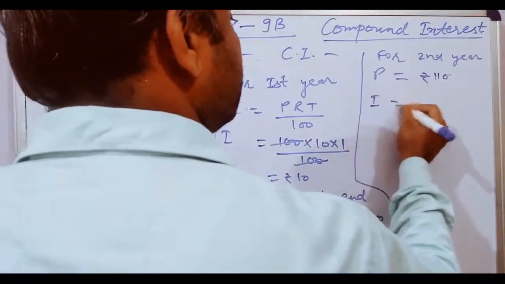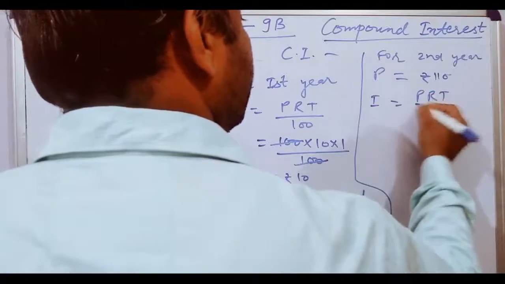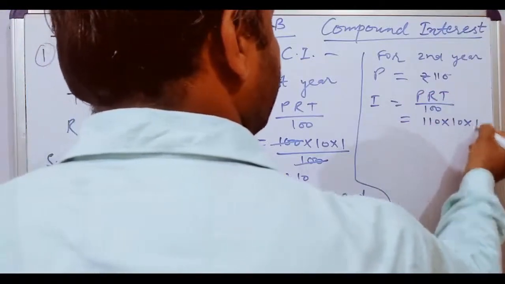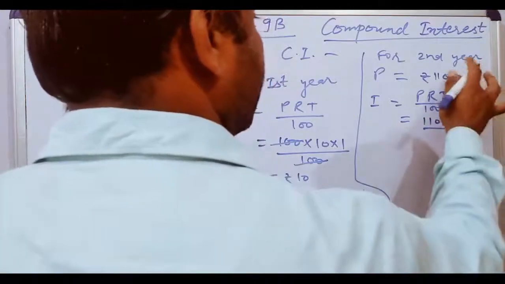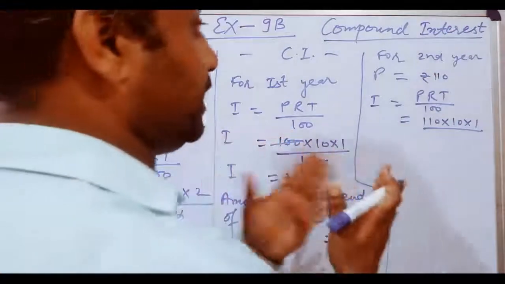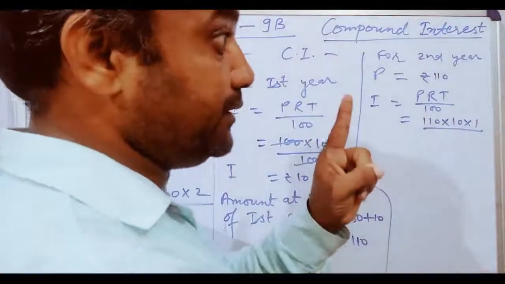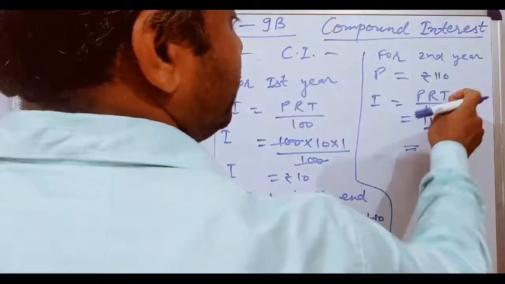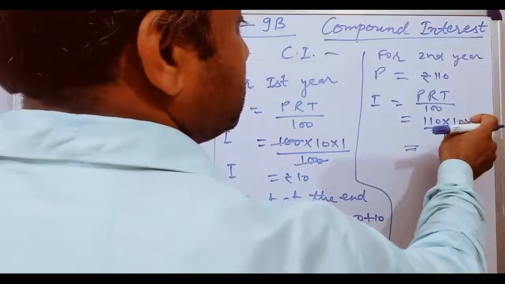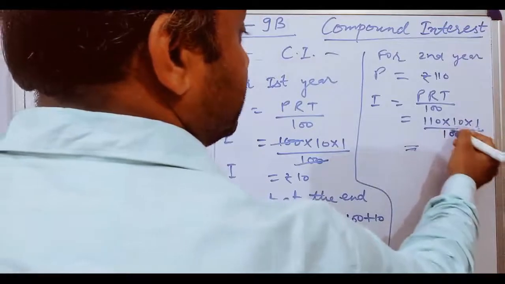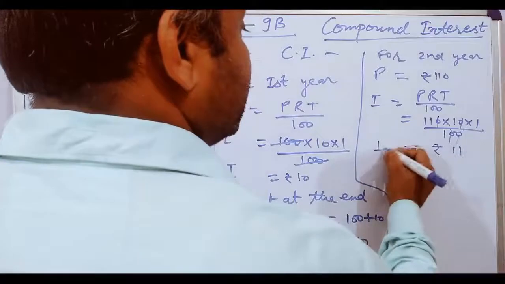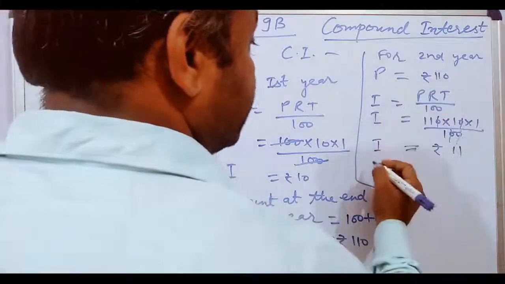Then interest equals PRT upon 100, meaning 110 into 10 into 1 upon 100. Zero cancels. It is rupees 11. So it is the interest at the end of the second year.